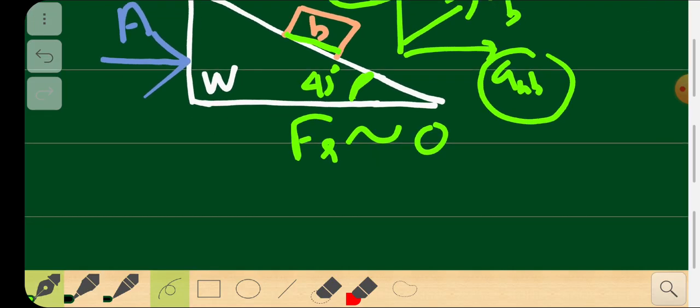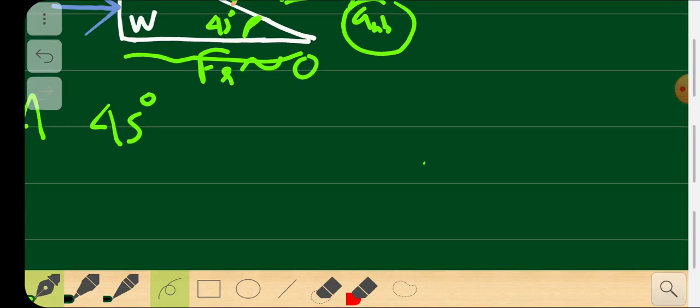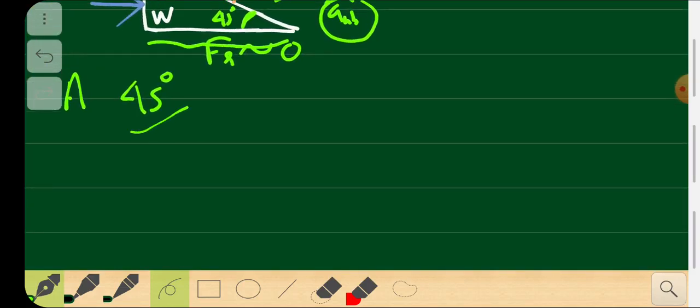Now to solve this problem, all the information I have is the acceleration I'm giving, the angle, which is 45 degrees, and maybe the dimensions of the lengths and distances. What I can do now is make sense out of this information.